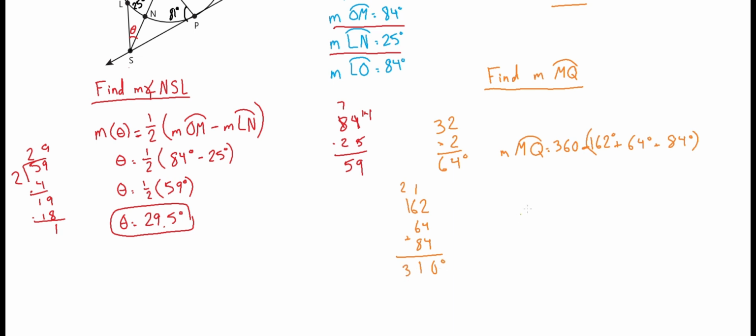So we have 310 over here. Now this would mean that measure of arc MQ would be equal to 360 degrees minus 310 degrees, which is just 50 degrees.